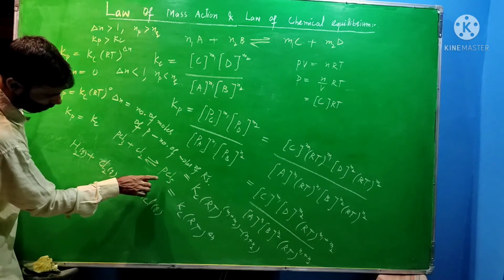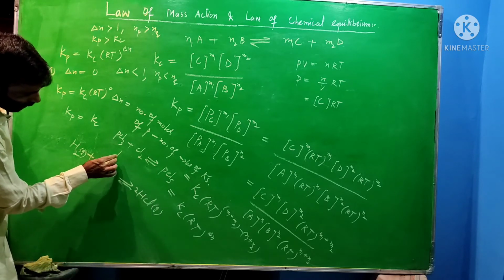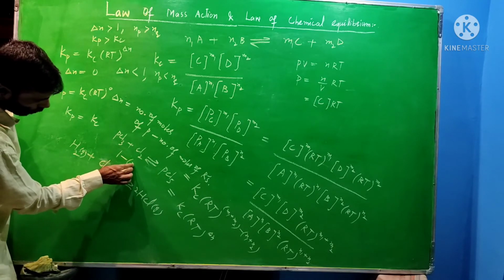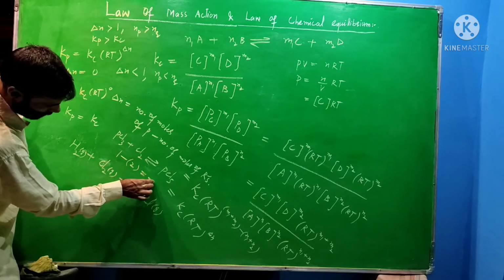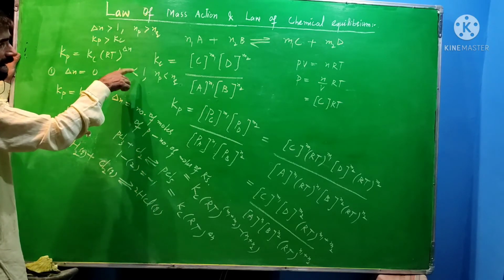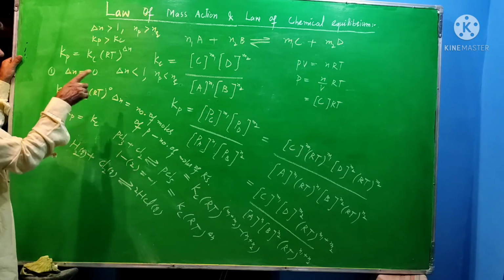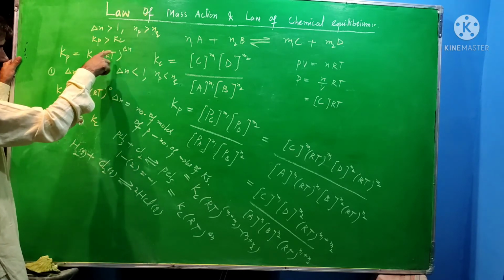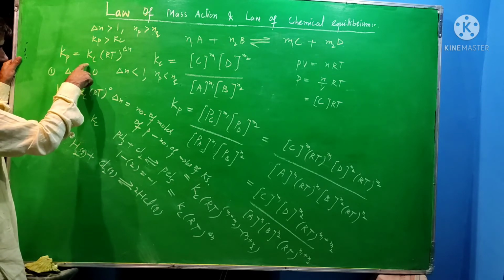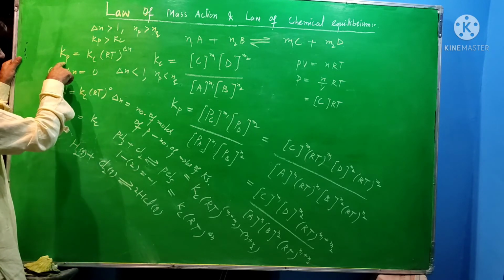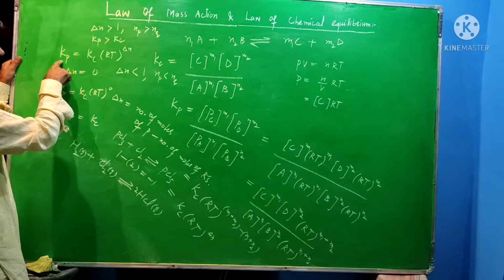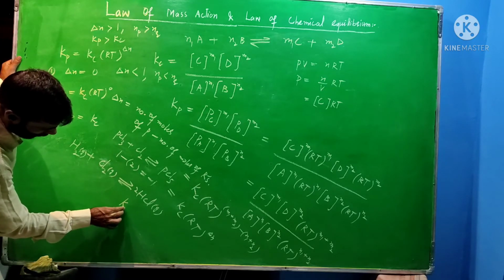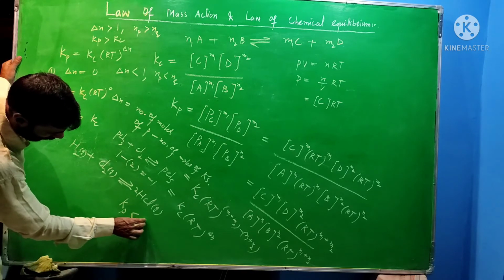In this case, the moles of products, 1, minus the moles of reactants, 1 plus 1, which is 2, equals minus 1. That is less than 0, so this term is divided by some factor, and at that time Kp is smaller than Kc.